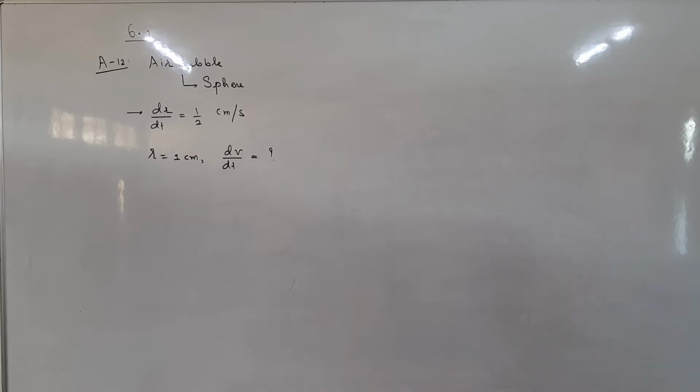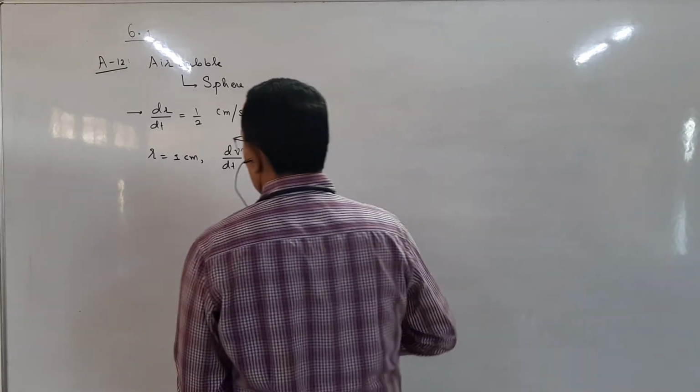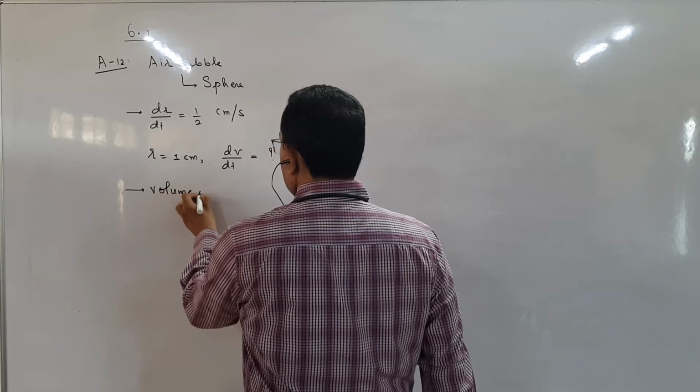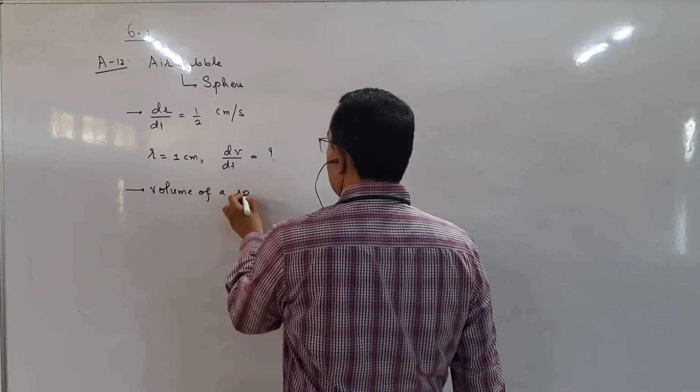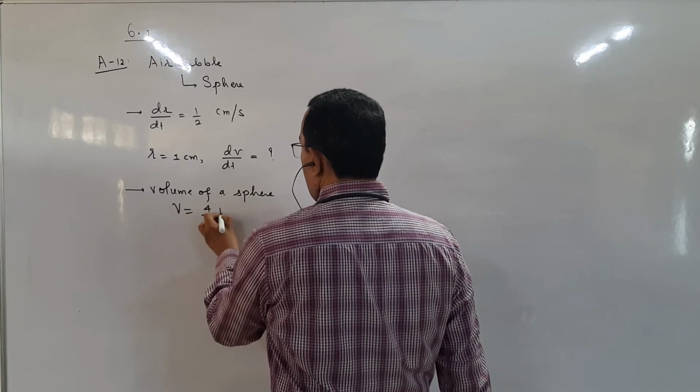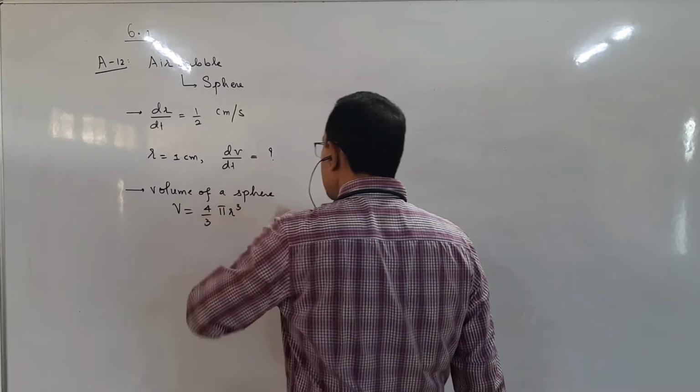Now students, what is the volume of a sphere? All of you know, V is equal to 4/3 pi r cube.